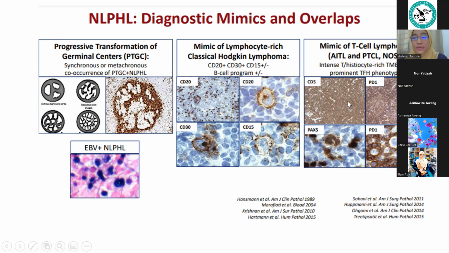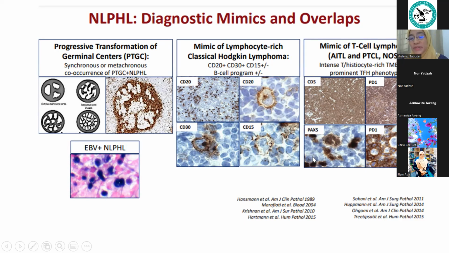But one way to clarify is by using markers to identify the LP cells. In this picture, they use PAX5 to identify the LP cells, and also PD1 to look for the rosetting around the LP cells.